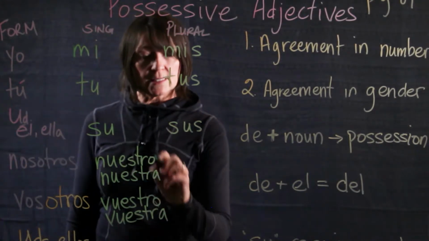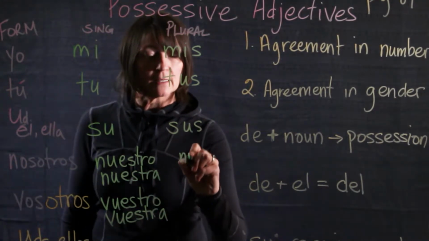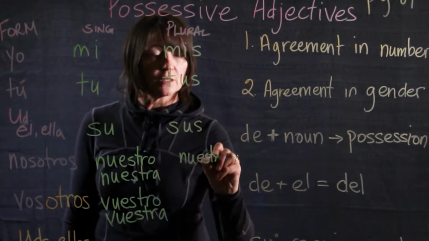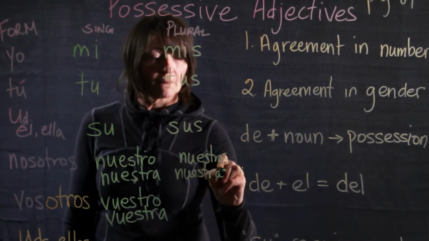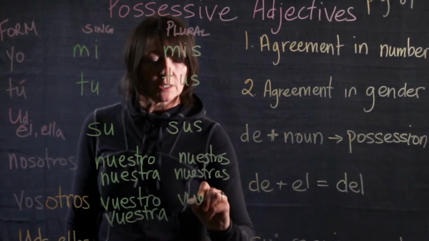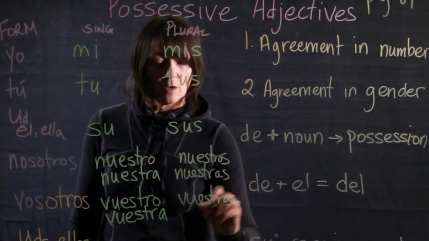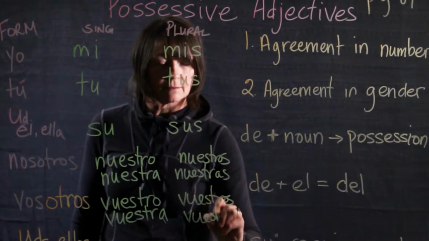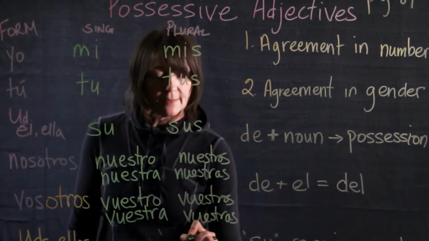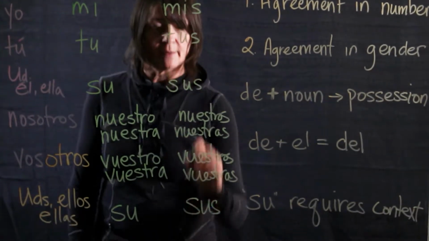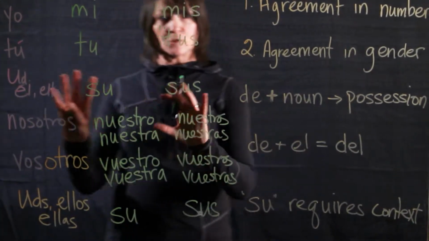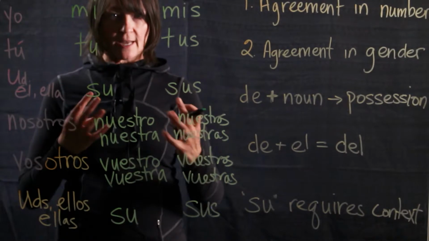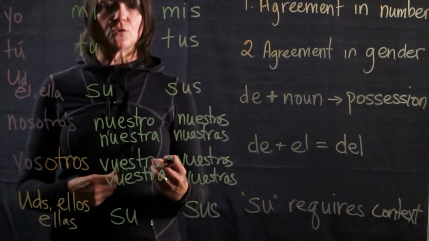Okay, these same forms, we just add an S. Nuestros, nuestras, vuestros, vuestras. And then here, sus, same as usted, ella, ustedes, ellos, ellas, same. Okay, so these are the forms. This is something you just have to work with until you know the forms.